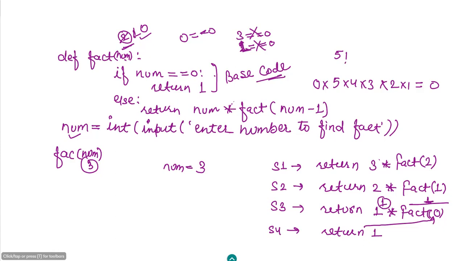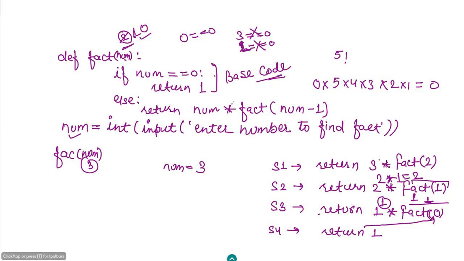Now at step 3, you will return the value to that function. Now 2 multiplied by 1 will become 2.